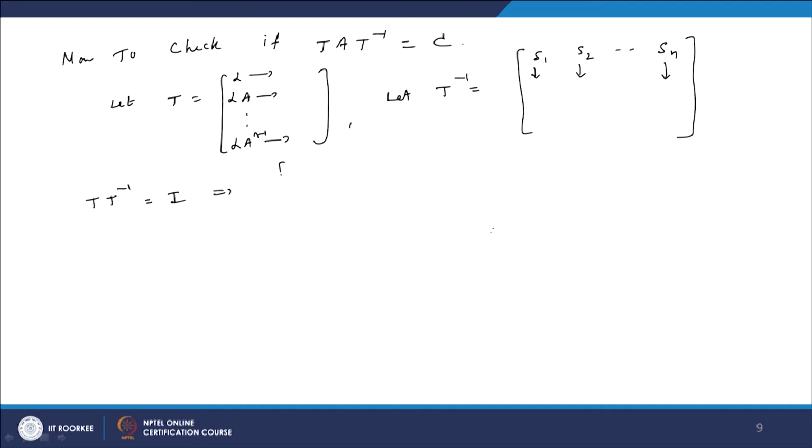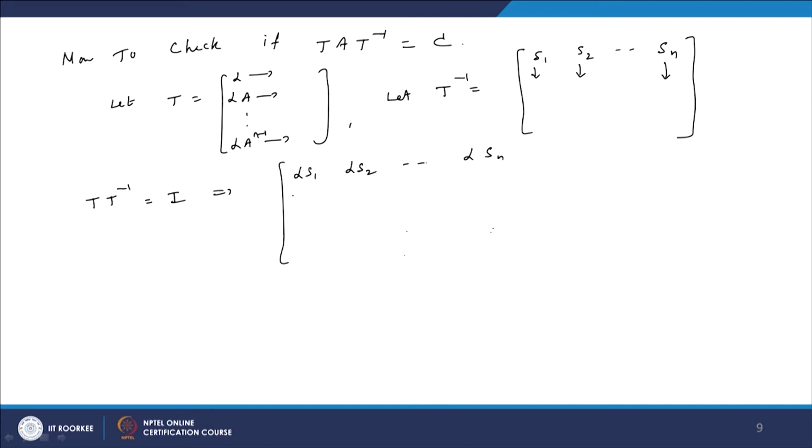So, that implies, if you multiply T and T inverse, the first element is alpha into S1, the second element is alpha into S2, the first row into second column, etc., alpha into Sn.